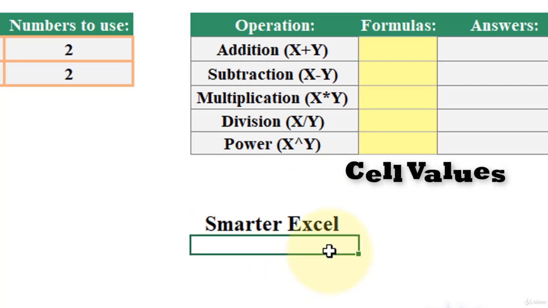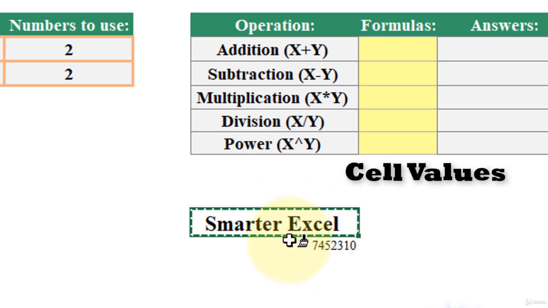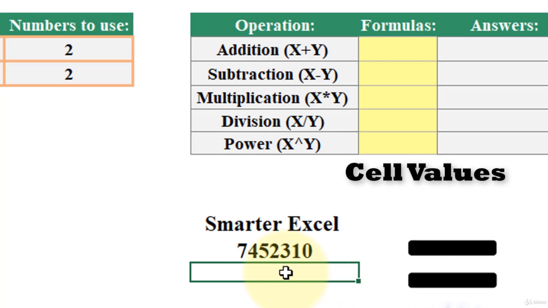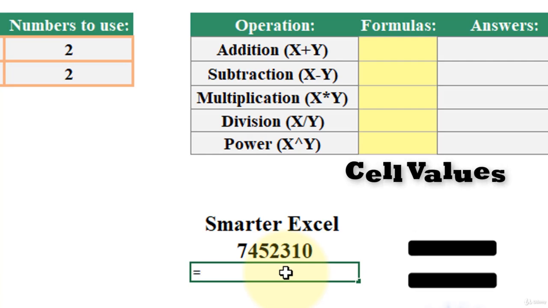Also, you can write just numbers: 7, 4, 5, 2, 3, 10, whatever. This is a number. Also, you can write a formula. But if you want to write a formula, first write an equal sign and write whatever formula you want.